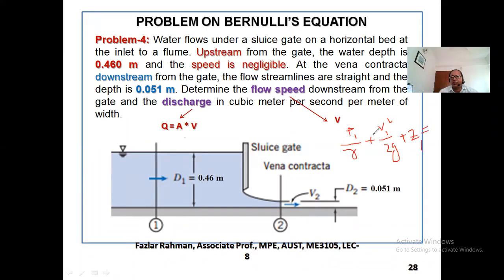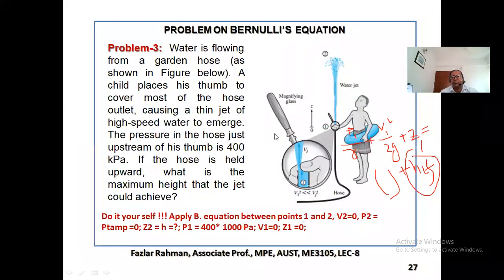Then you put V2, P2 by gamma, V2 square by 2g, then there will be hydraulic loss or frictional loss. Okay. Bernoulli did not count this loss, but we'll figure out how we can find this frictional loss. But you see, we solved 2 problems.